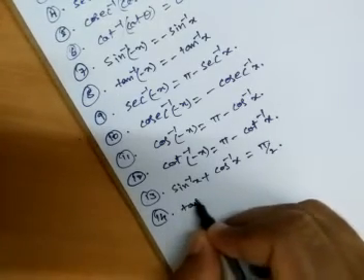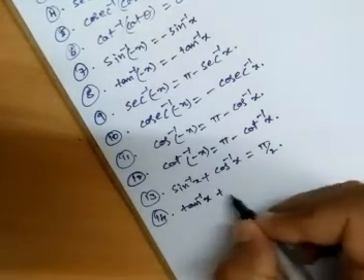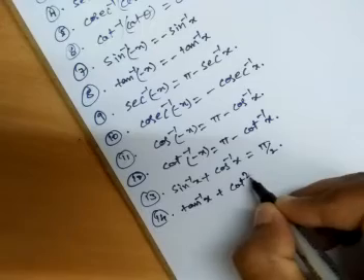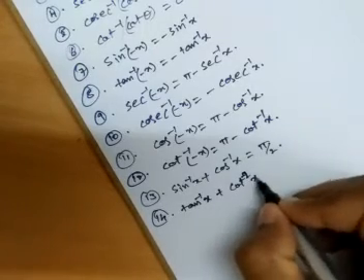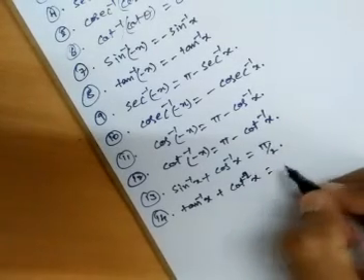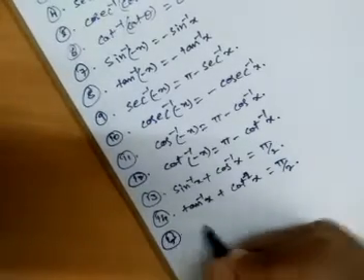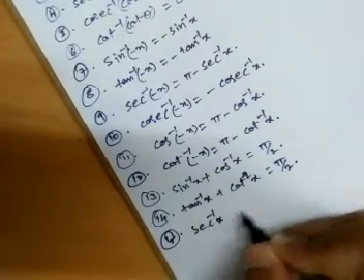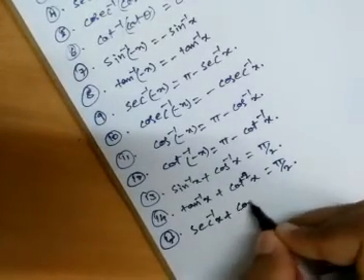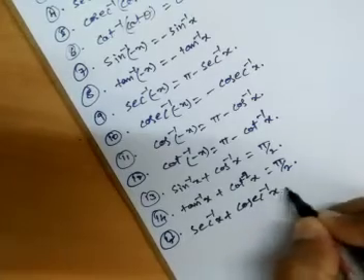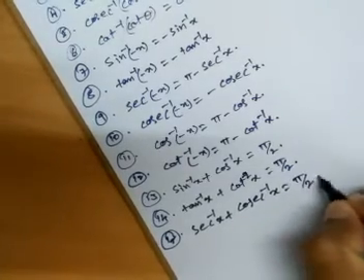Tan inverse of x plus cot inverse of x equals pi by 2. Secant inverse of x plus cosecant inverse of x equals pi by 2.